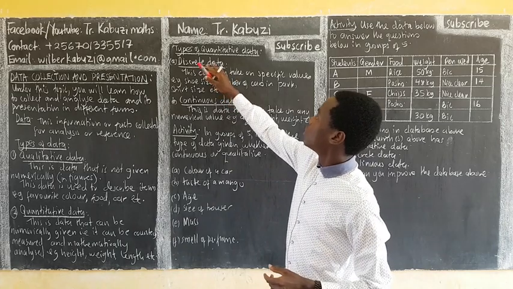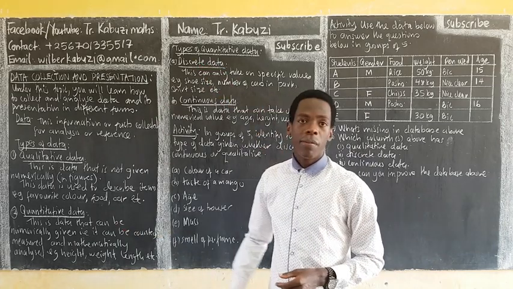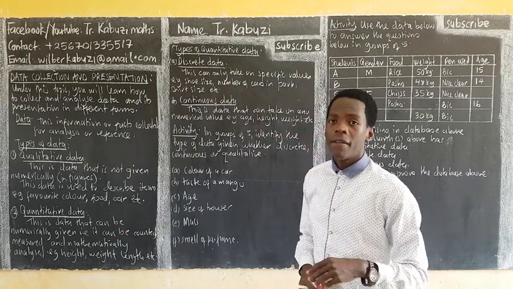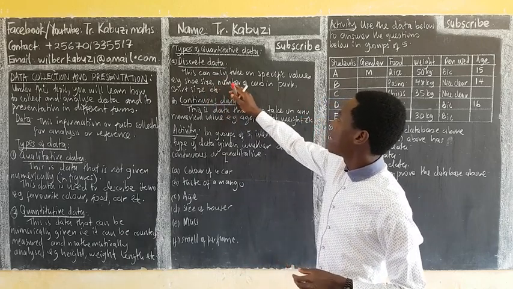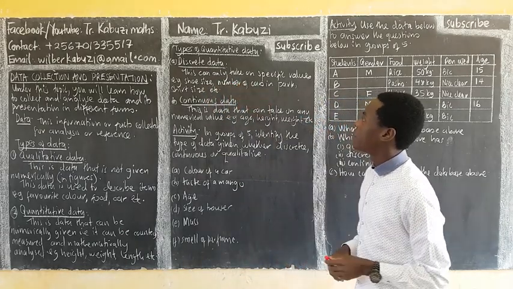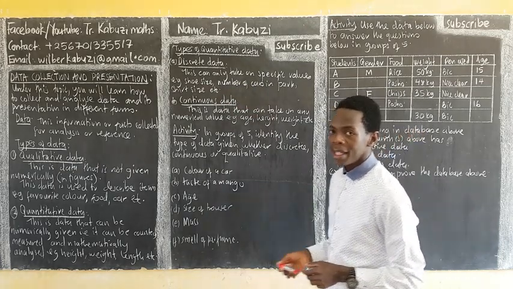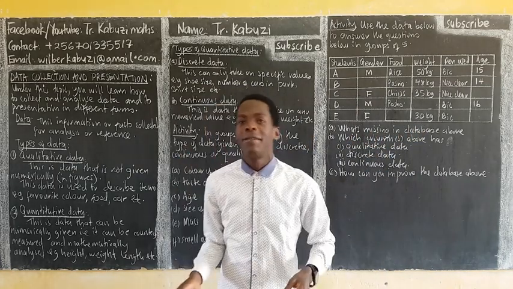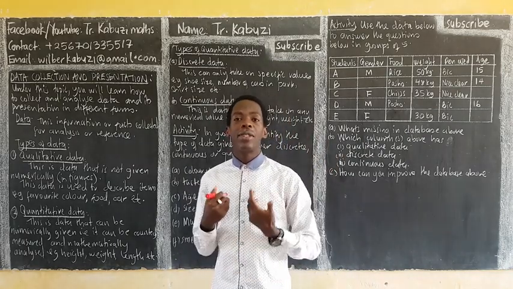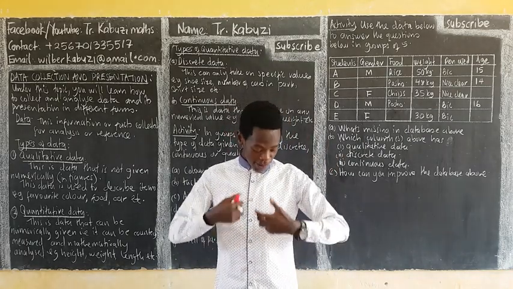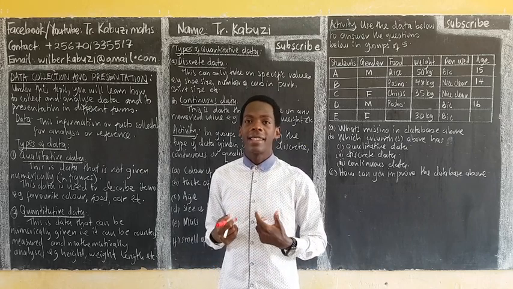Now quantitative data is divided into two: discrete and continuous. Discrete data can only take on specific values. For example, the shoes I'm putting on are a specific size. My shirt, specific size.